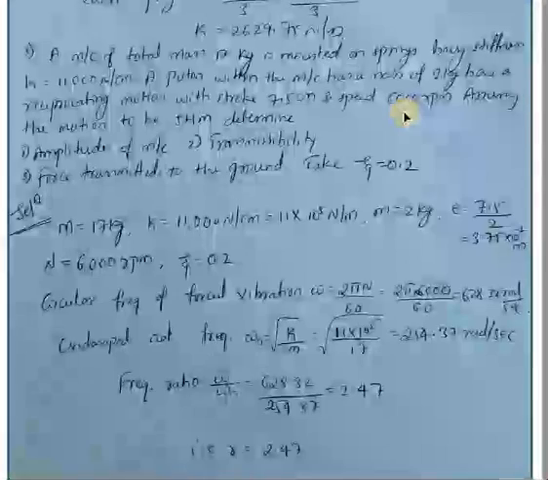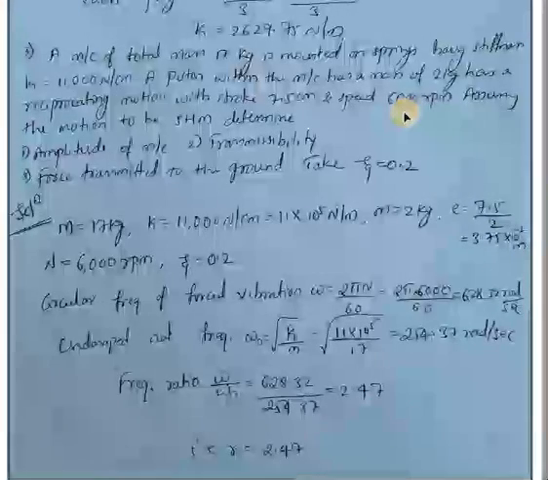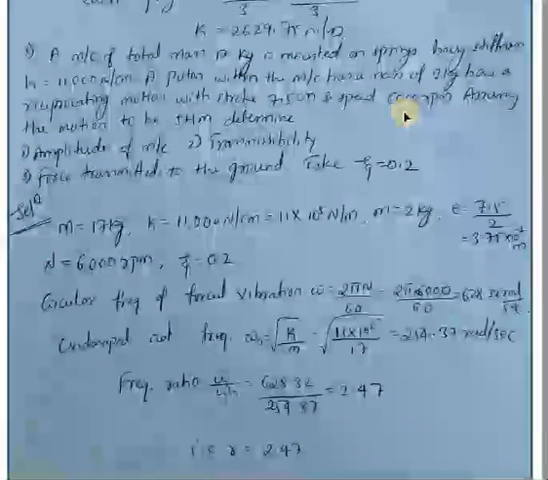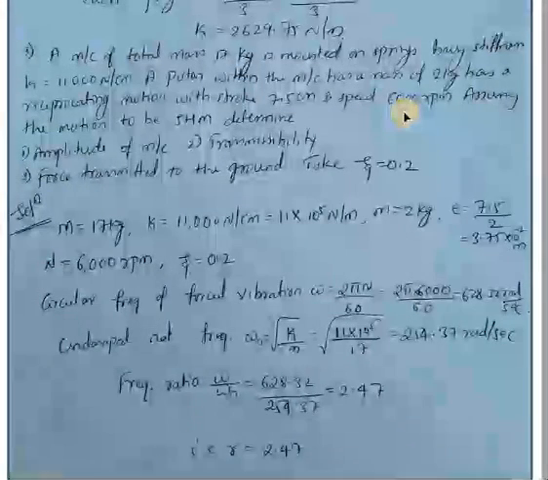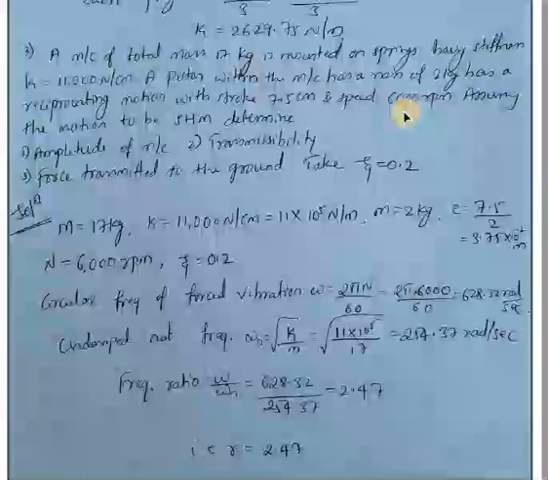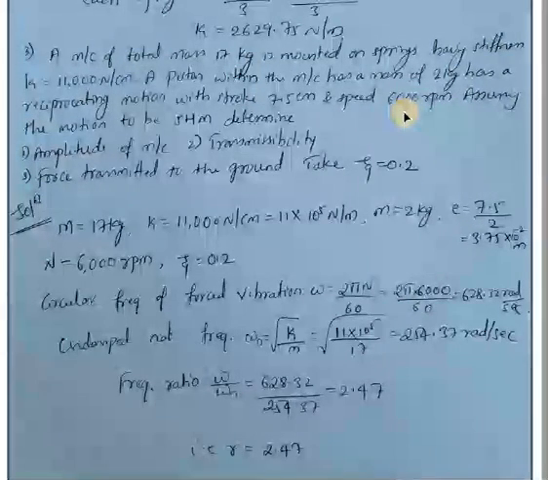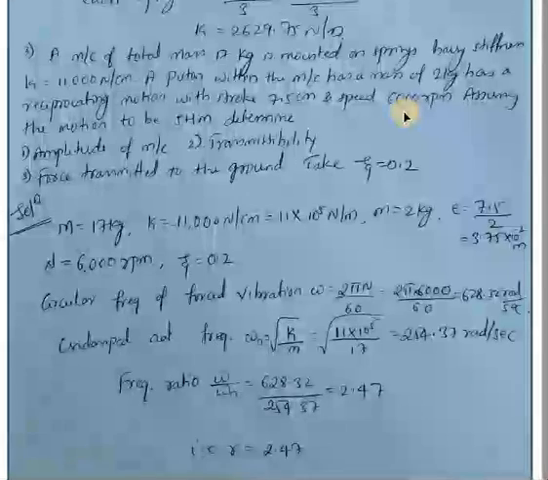Assuming the motion to be simple harmonic, determine first the amplitude of the machine, second the transmissibility, and third the force transmitted to the ground. Take zeta as 0.2.